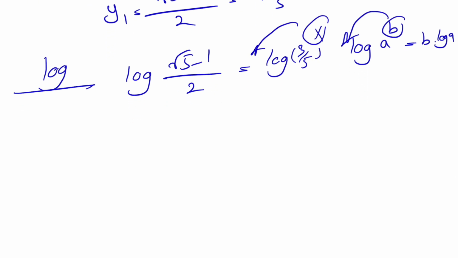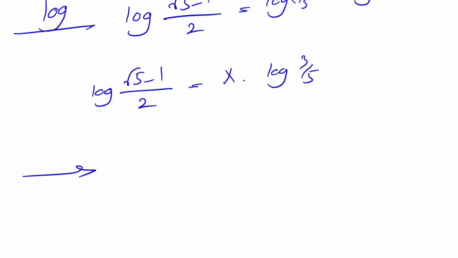So this x can go in the back of the log, so we get on the left side log of square root of 5 minus 1 divided by 2 is equal to x times log of 3 over 5. Here we can divide each side by log of 3 over 5 to get x.